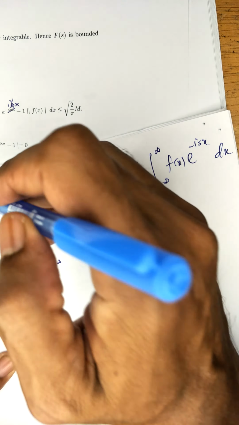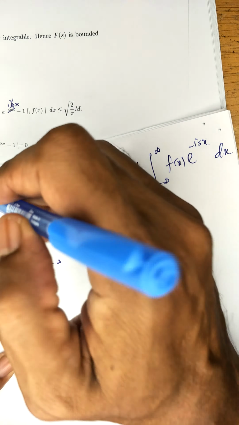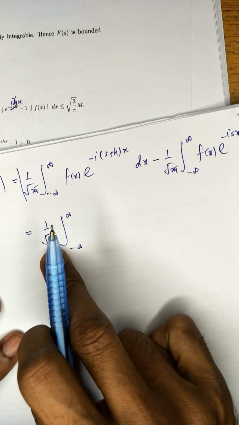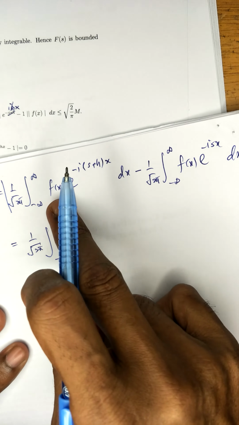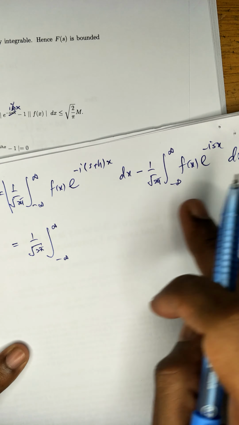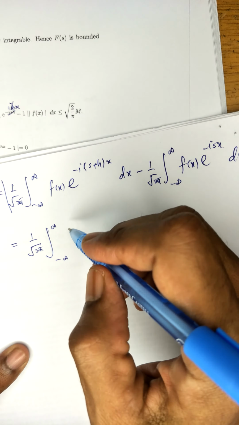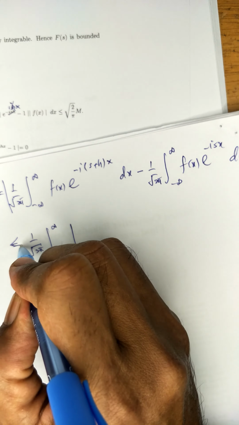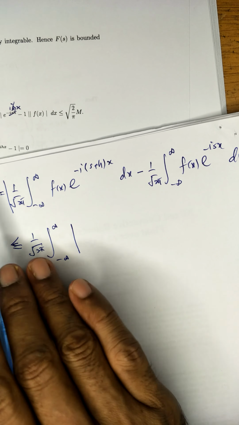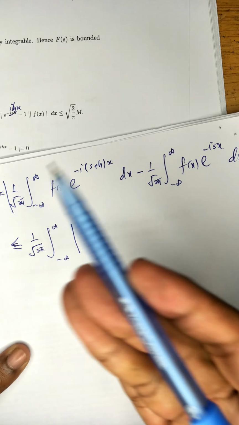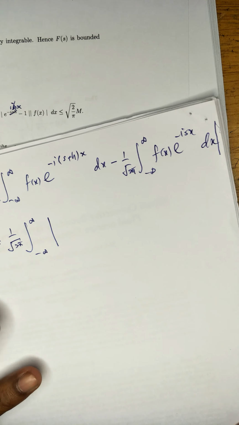Oh, I forgot the absolute value there. Then the absolute value of 1 over root 2 pi, we have again 1 over root 2 pi because it's positive, and for that you can factor out those. So we have this less than, when you bring the absolute value inside the integral, we have less than.